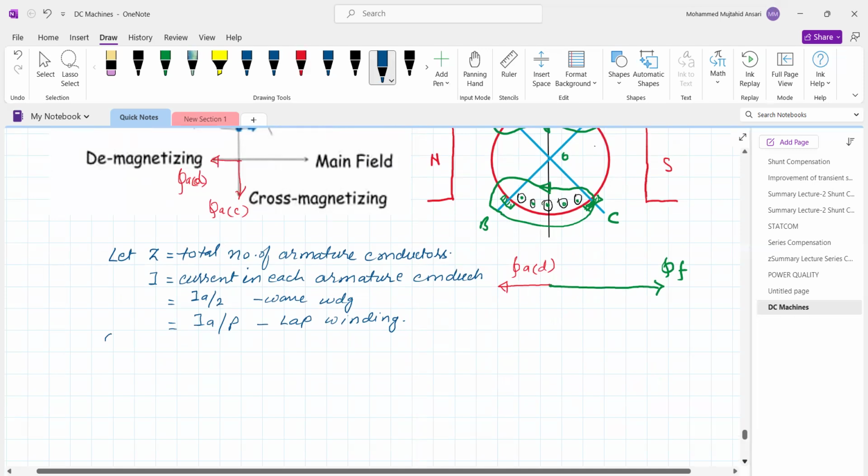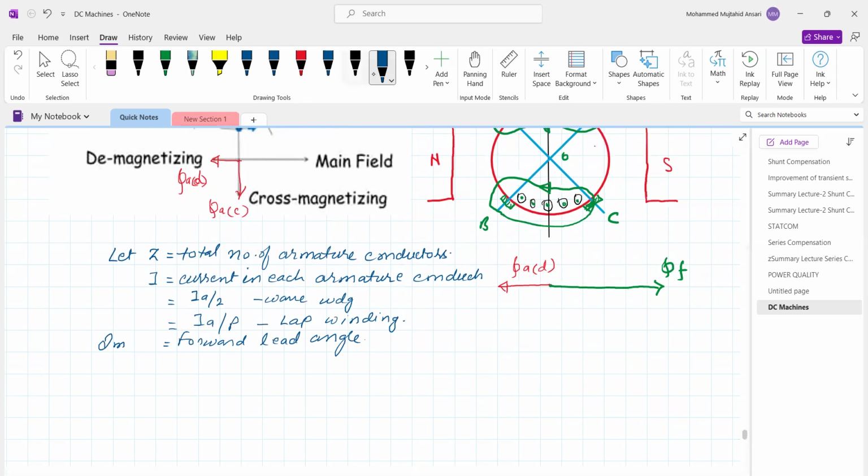Now theta M is the forward lead angle. As per the direction of rotation, we are considering the lead angle.